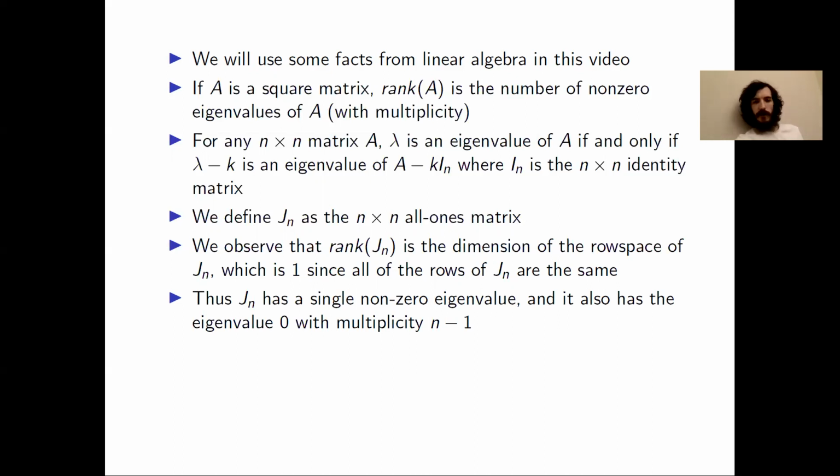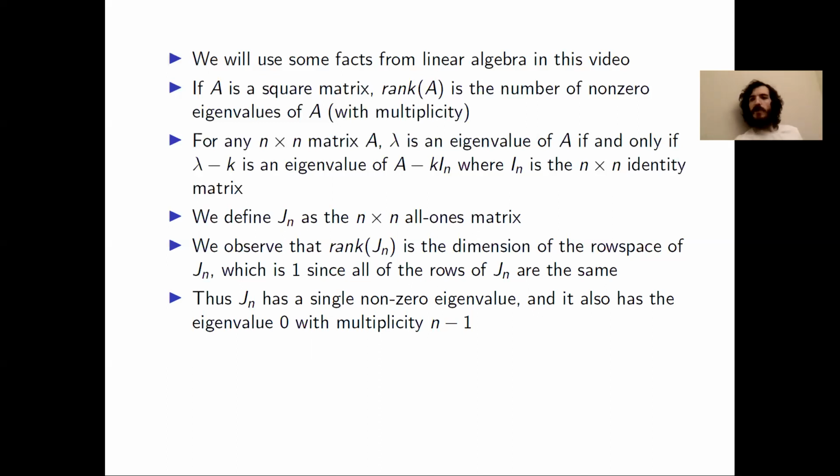So if J has rank 1, that means that J has exactly one non-zero eigenvalue. And since there's only one non-zero eigenvalue, all of the other eigenvalues have to be 0. J has a total of n eigenvalues because J is an n by n matrix. That means that we have eigenvalue 0 with multiplicity n minus 1.